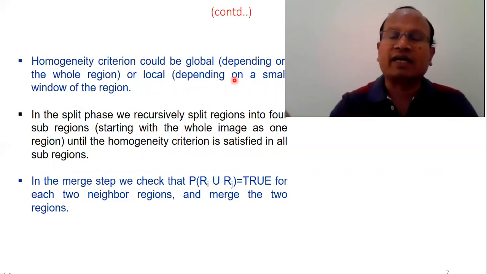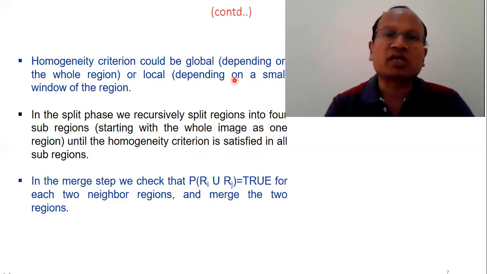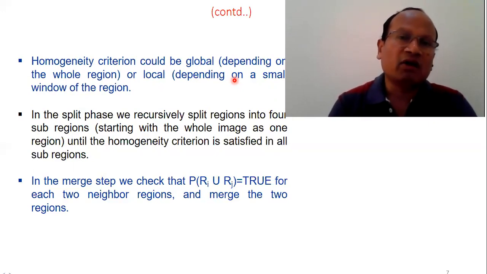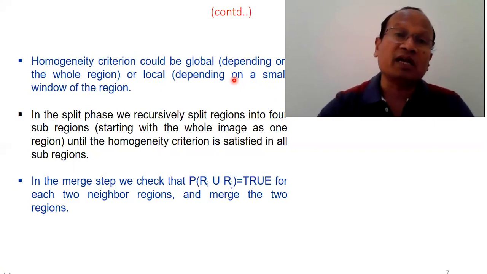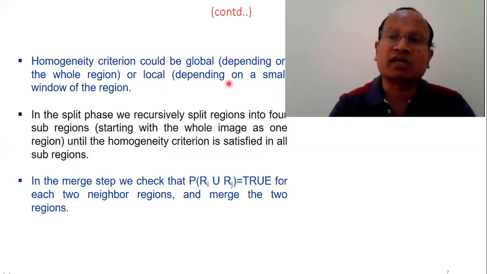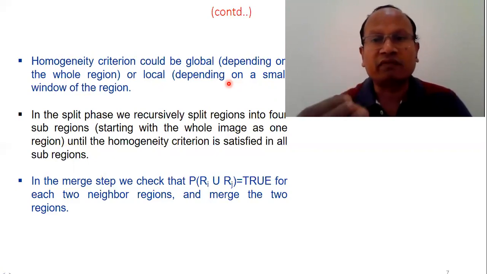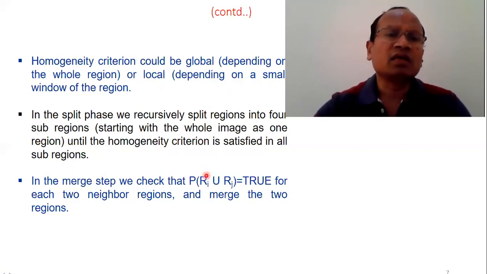That criterion is valid in a smaller window in the entire image. So the criterion may be global or local. If it is global, it will apply to the whole image, and if it is not global, it will apply to a certain window, a certain area of the image.